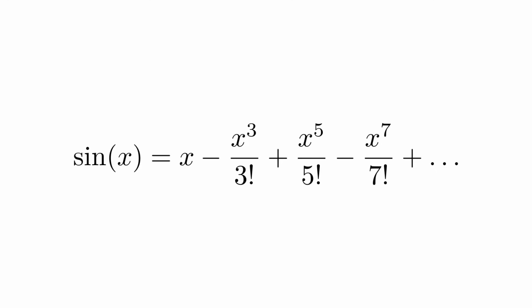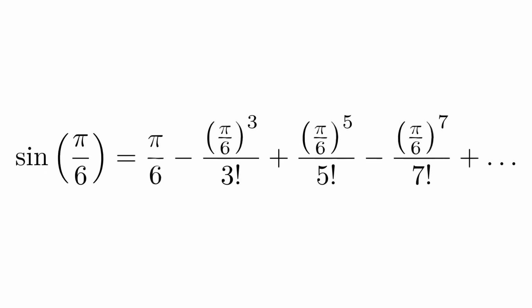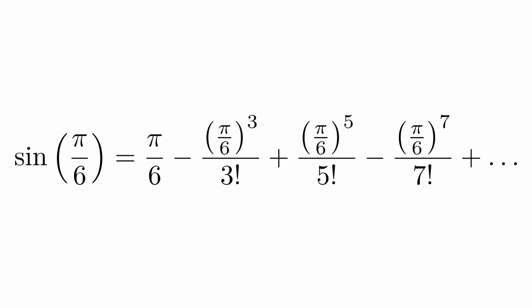If I want to evaluate sine of pi over 6, one way I can do that is to plug pi over 6 into this formula. Of course, this formula has infinitely many terms, so plugging it in isn't so easy, but what I can do is plug it into the first however many terms I want, and then stop.